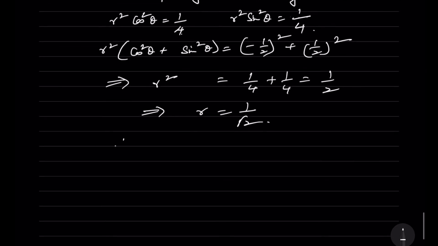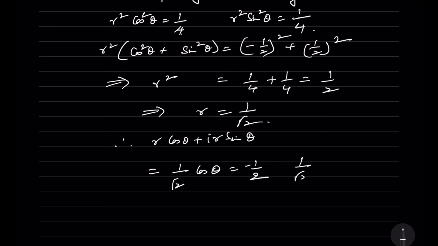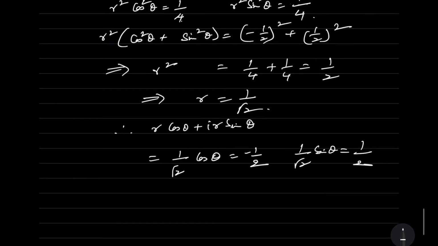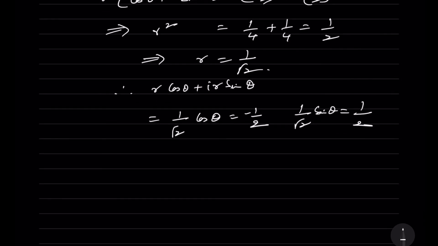So, r cos theta plus i r sin theta: 1 by root 2 cos theta is equal to minus 1 by 2, and 1 by root 2 sin theta is equal to 1 by 2.